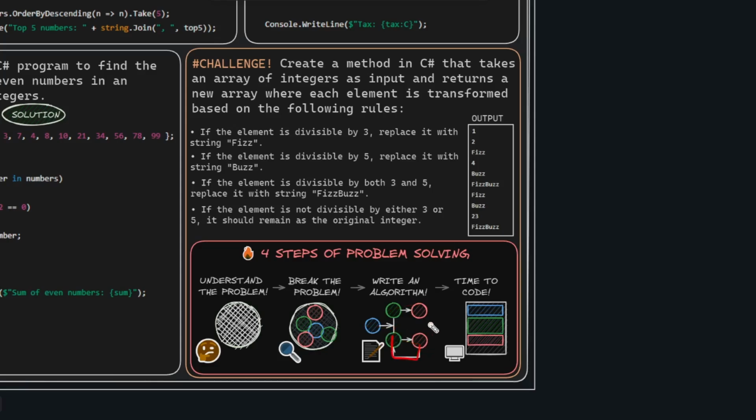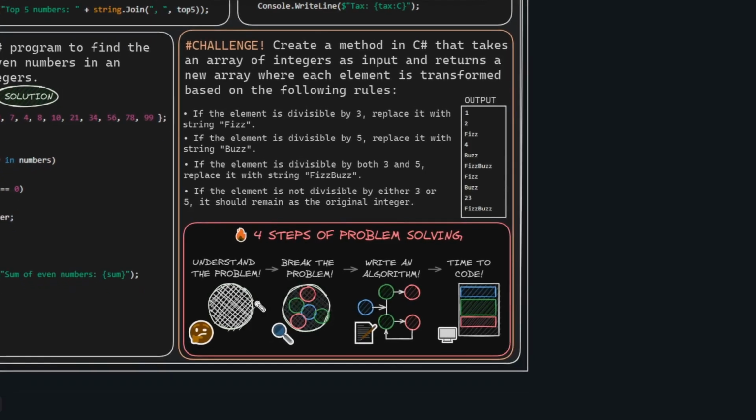Step 4, refactor your code. Finally, once the puzzle is complete, smooth out the pieces and make it look nice. Optimize and clean up your code and test it with different inputs. So, by following these steps, understand, break, write, and refactor, you'll solve problems efficiently.